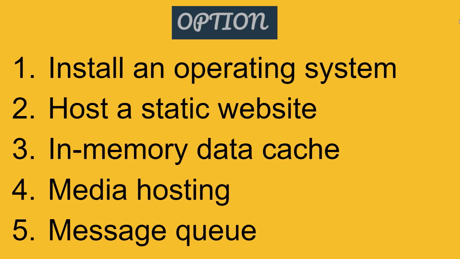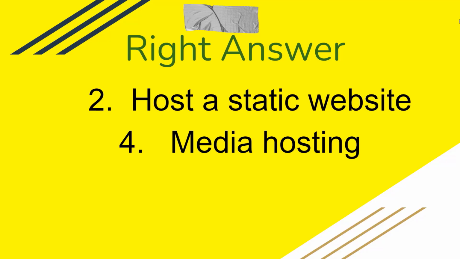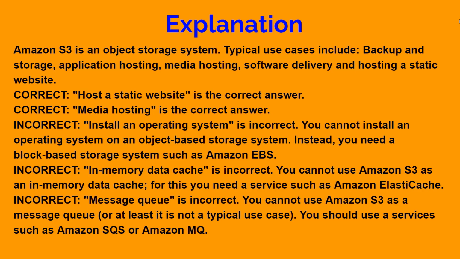Message queue. Right answer is 2. Host a static website. 4. Media hosting. Explanation. Amazon S3 is an object storage system. Typical use cases include backup and storage, application hosting, media hosting, software delivery, and hosting a static website.